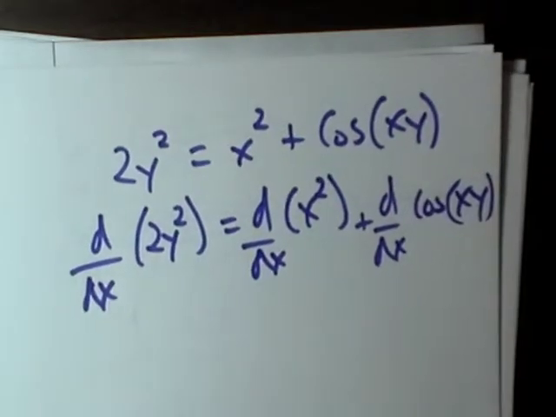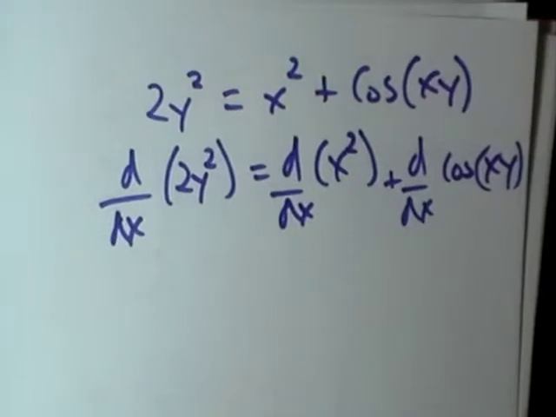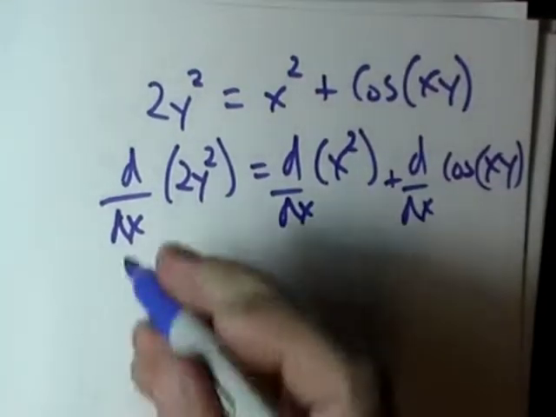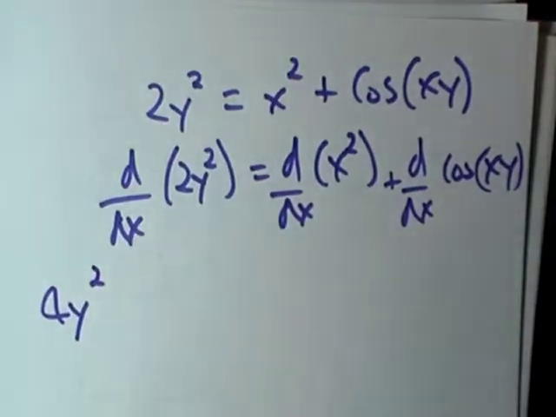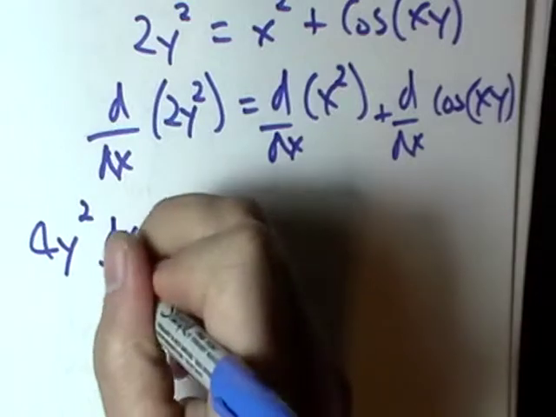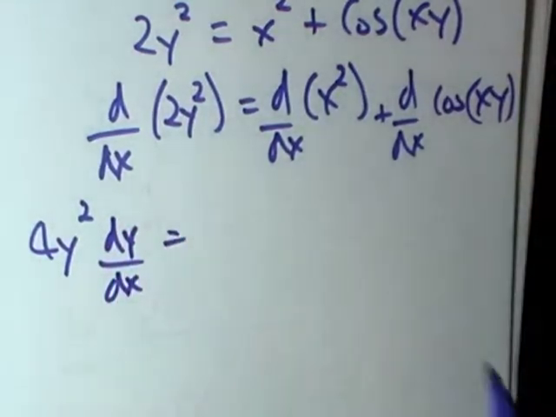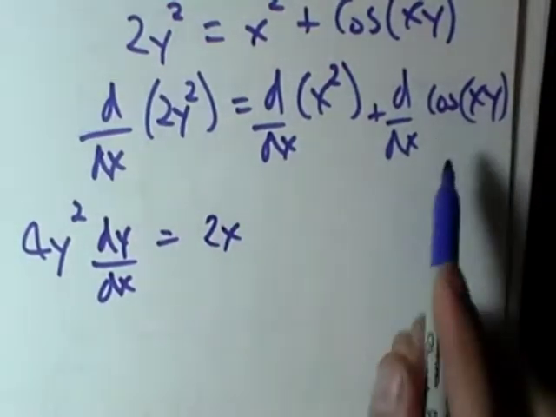Okay, so we did that. So we're taking the derivative of each one. So derivative of the first one, now that's going to be 4y dy dx equals, that's just 2x.